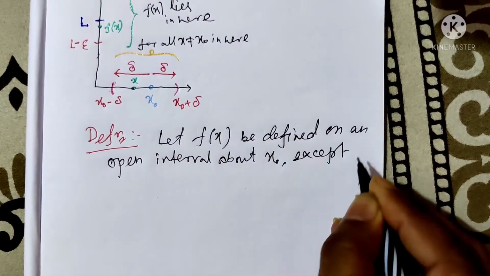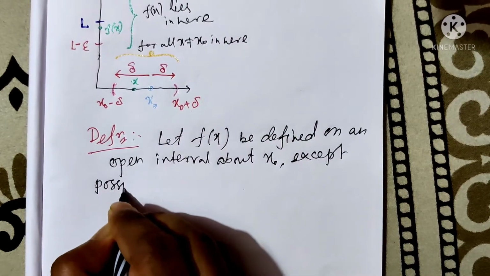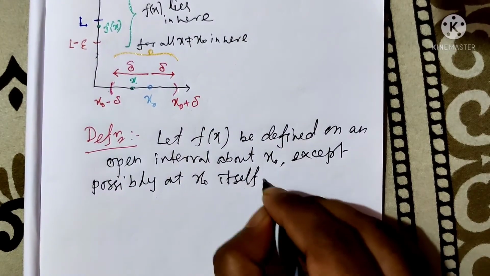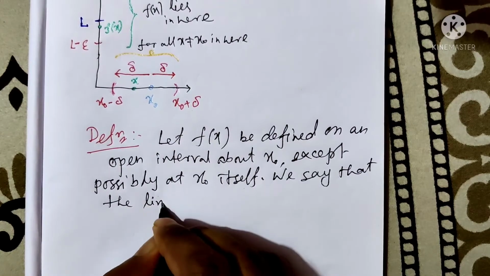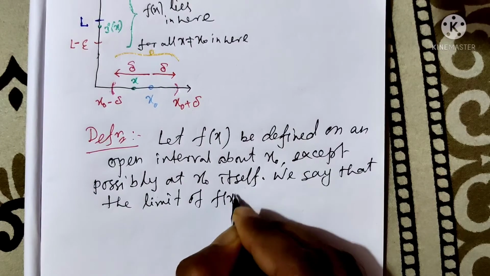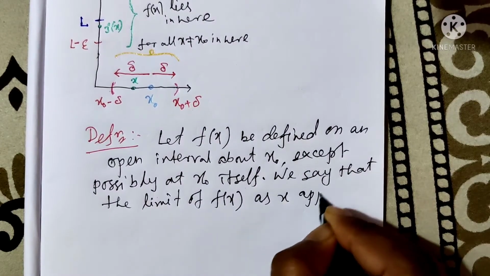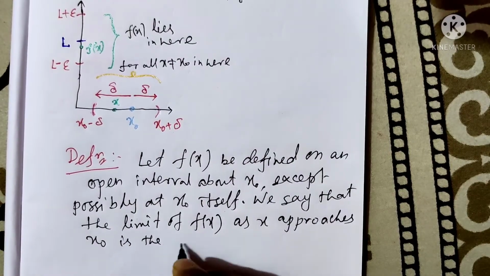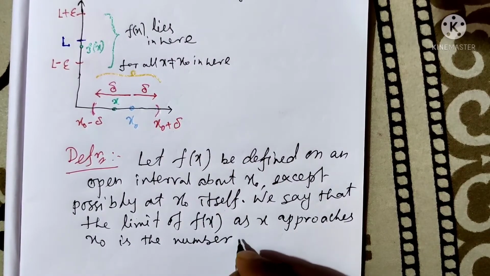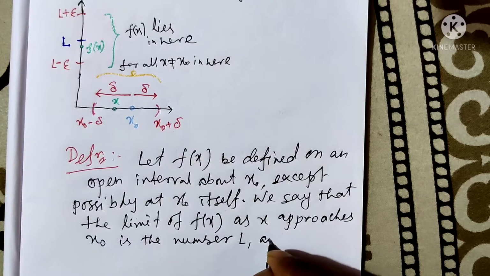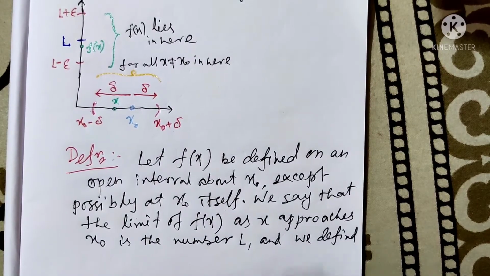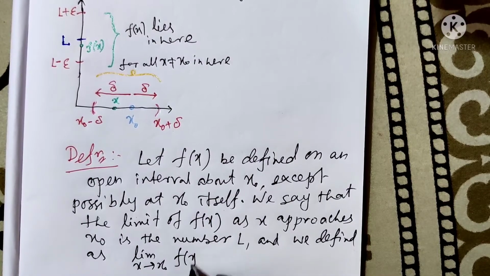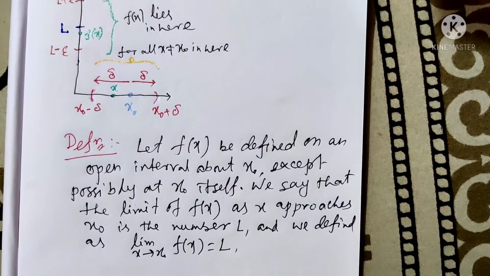Except possibly at x naught itself, we say that the limit of f(x) as x approaches x naught is the number L, and we write limit as x tends to x naught of f(x) equals L. This is the definition.